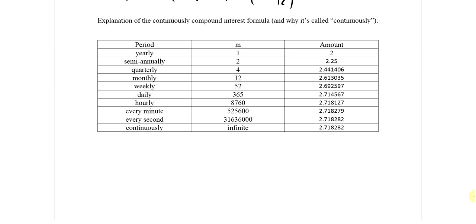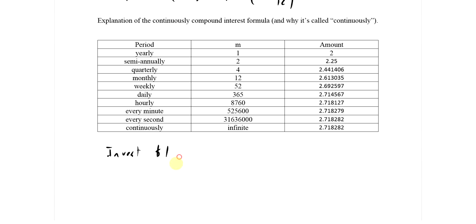And here's a little table. Why is it called the continuously compounded interest formula? So what we're looking at here is, what is this table?